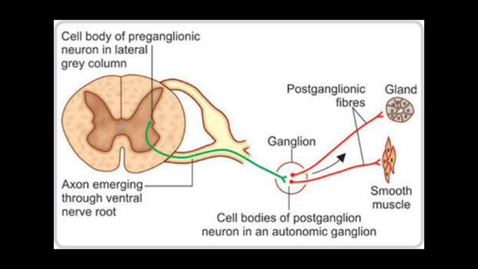The first nerve cell is called the preganglionic neuron and its cell body is located within the central nervous system. Preganglionic neurons emerge from the brainstem or spinal cord and make a synaptic connection in the ganglia, which is an aggregation of nerve cell bodies located in the peripheral nervous system.